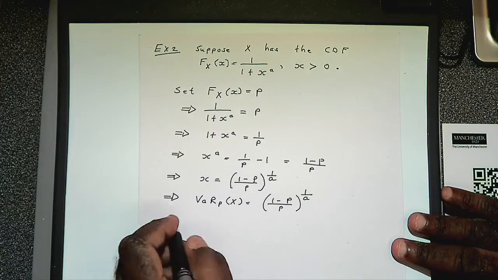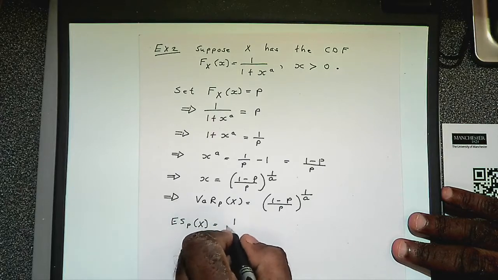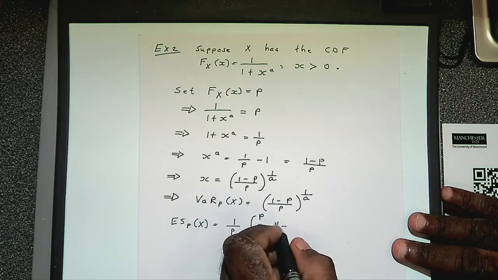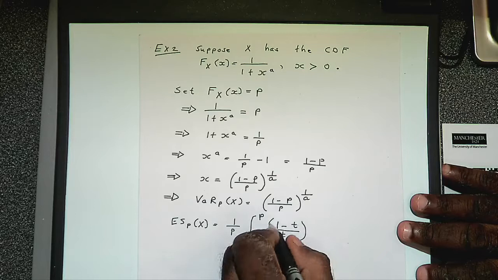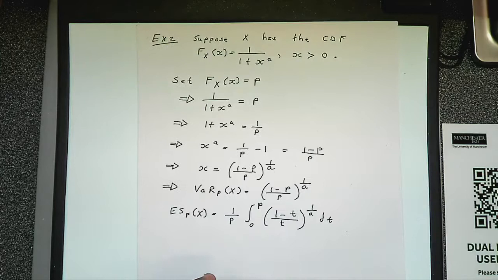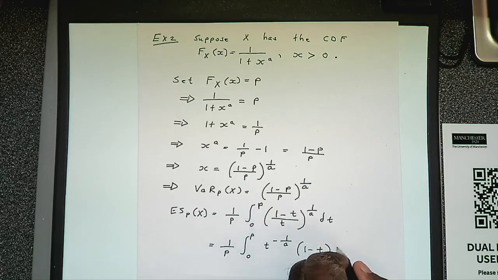Now to find the expected shortfall, you can write it like this, and this you can write like yeah.